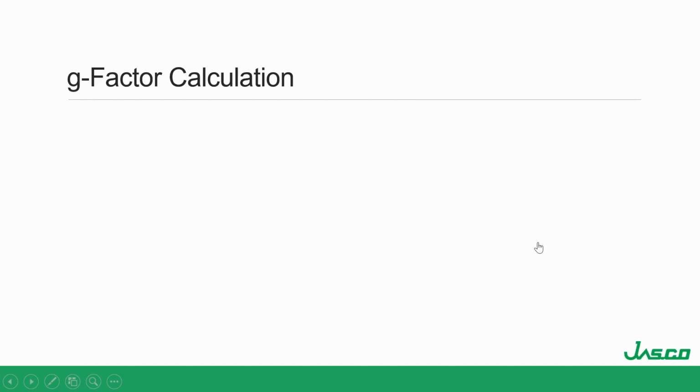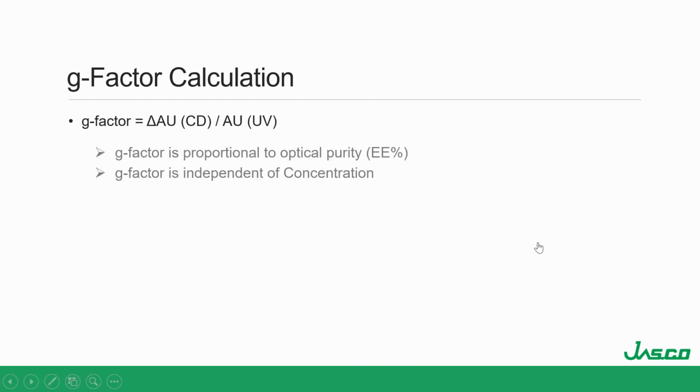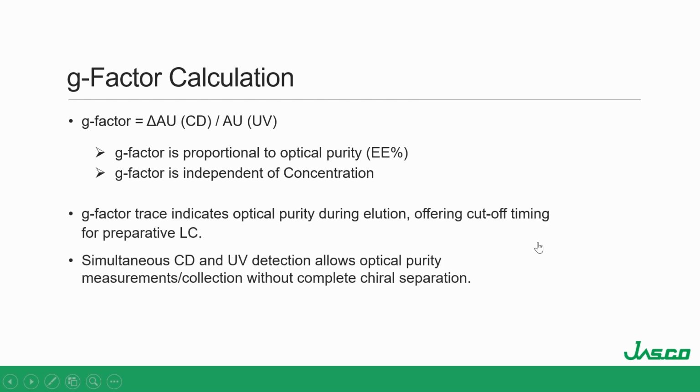But the real power in this detector comes from G factor calculation, or what we call differential absorbance. G factor is the change in absorbance units by the CD divided by the absorbance value of the UV. G factor is proportional to optical purity and is independent of concentration.